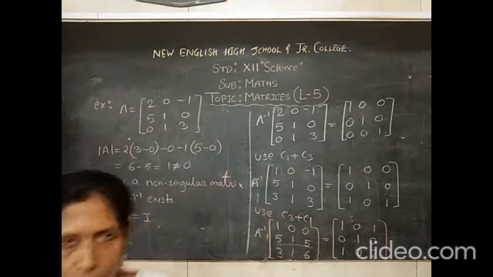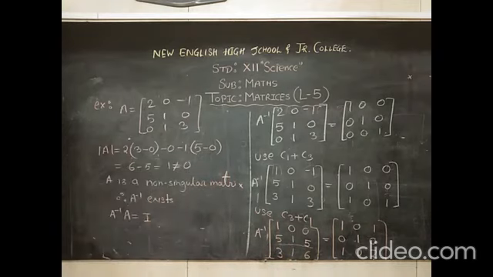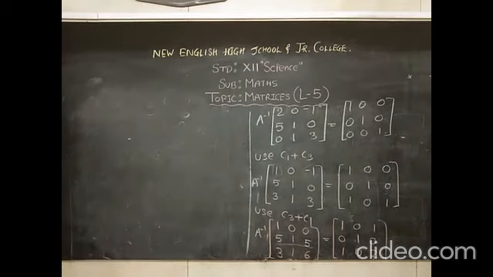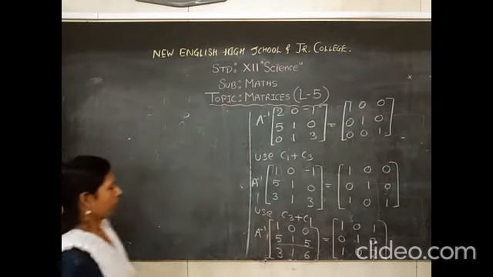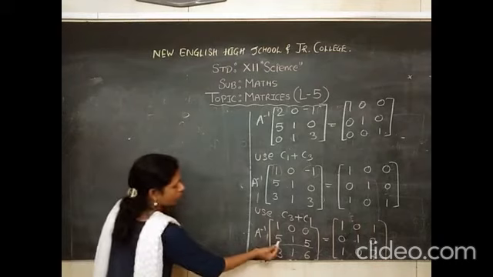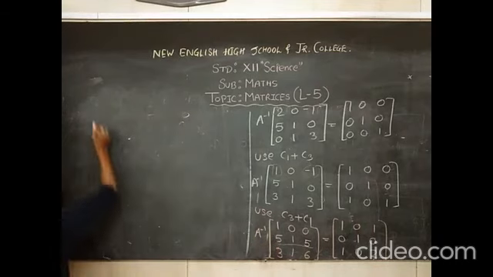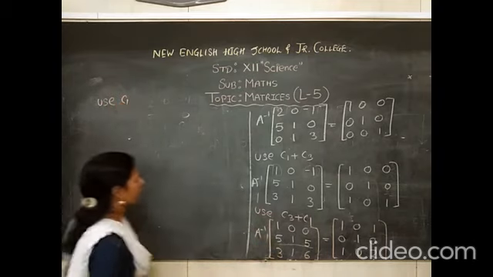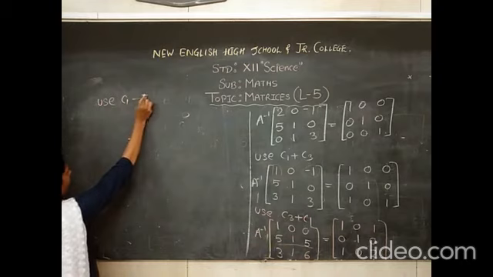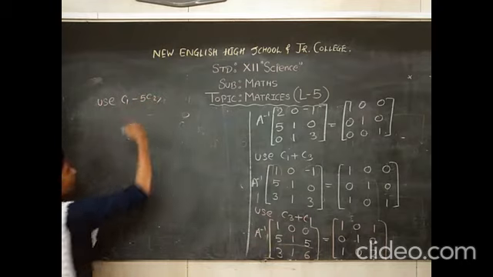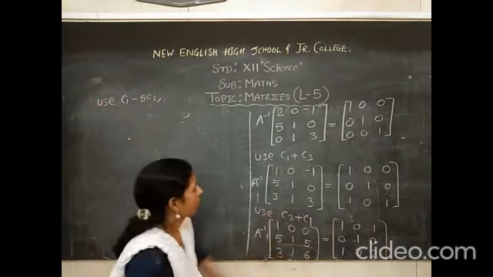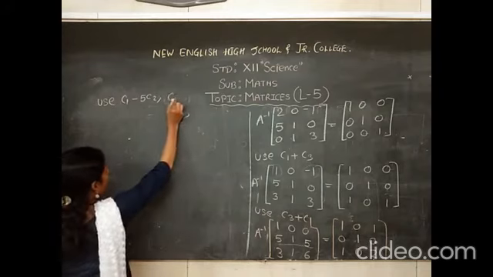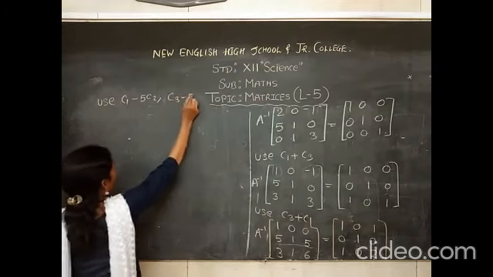Please write it down. Let us perform over here. C1 minus 5 times C2. Similarly, C3 minus 5 times C2.